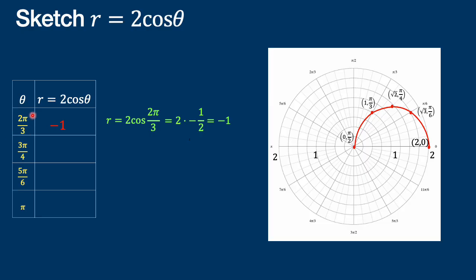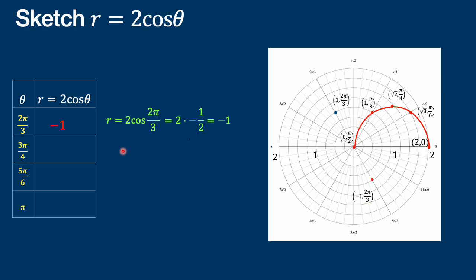The angle 2 pi over 3 is in the second quadrant, and r is negative. R negative means you rotate that point 180 degrees. So 2 pi over 3 is right here, this line. r is 1 is here, but you have to rotate 180. That's quadrant 4. That's where you're going to sketch it. 180 rotated, that's negative 1, 2 pi over 3.